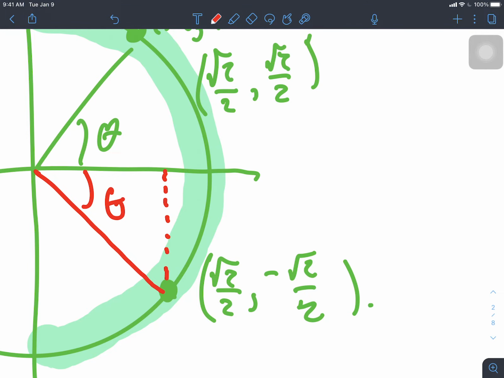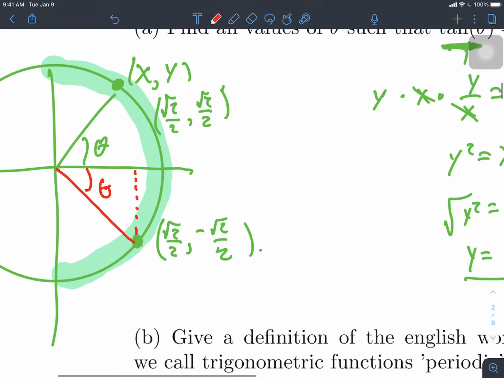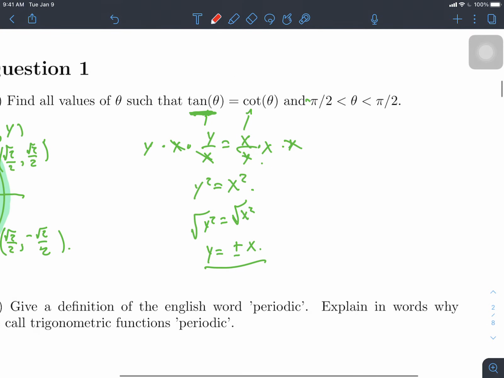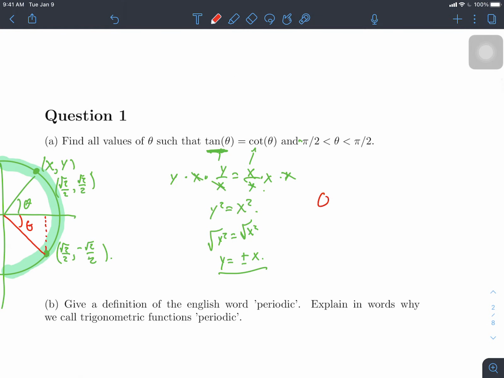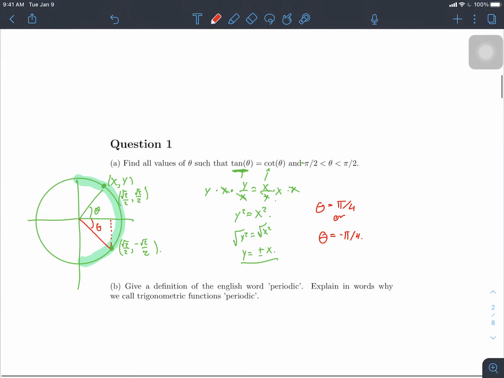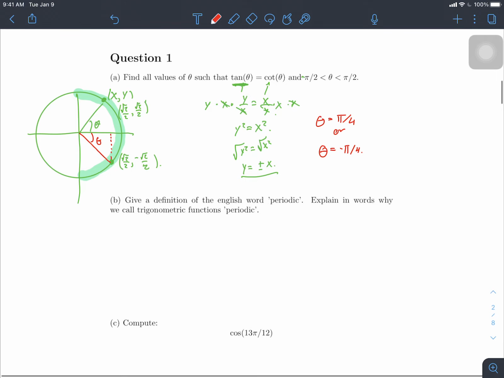So we can confirm that our answer here should be the two angles: theta is equal to pi over 4, or theta is equal to negative pi over 4. So that's how we could solve this problem.